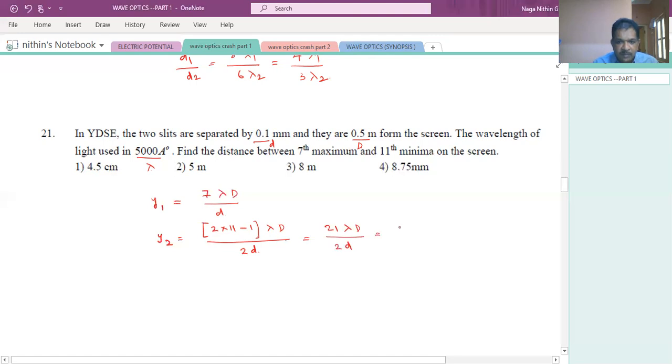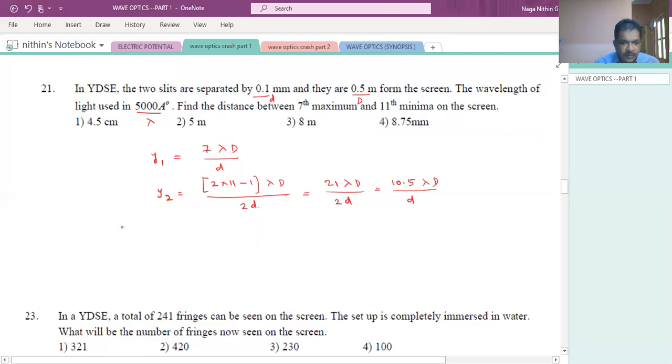This is 10.5 lambda D by d, which is more compared to this. Therefore, delta y is equal to y2 minus y1. So lambda D by d, if we take it common, 10.5 minus 7, so 3.5 lambda D by small d.